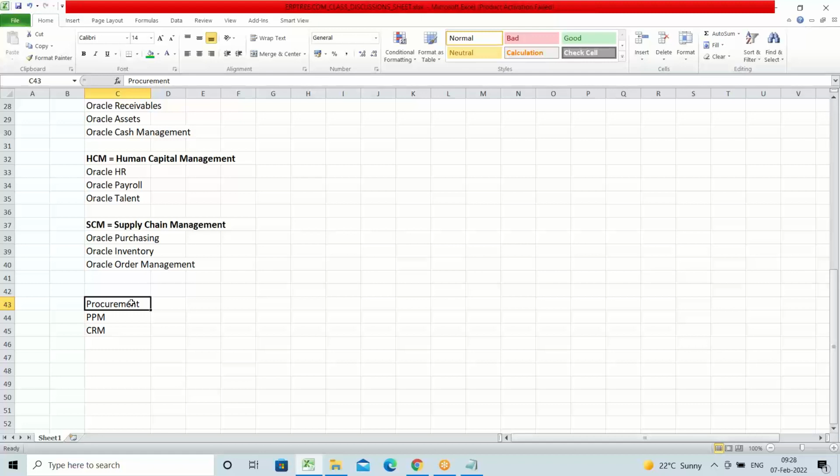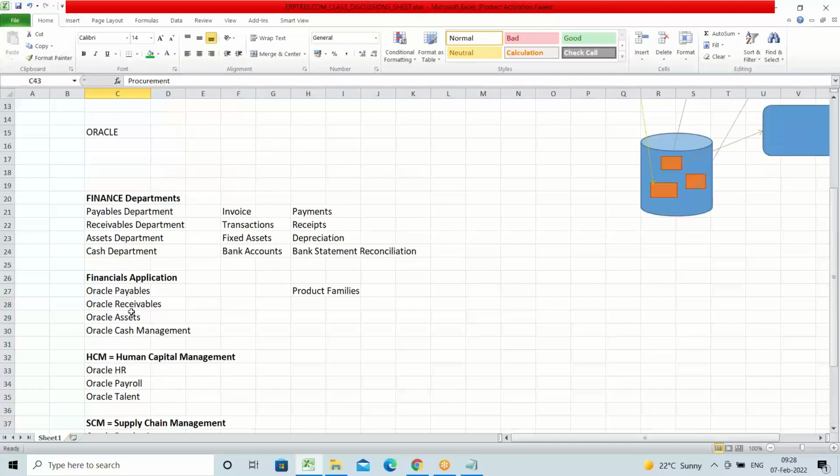When I talk about procurement, we have a set of applications. In PPM, we have some list of applications. In CRM, we have a certain list of applications. This is how we have different product families.